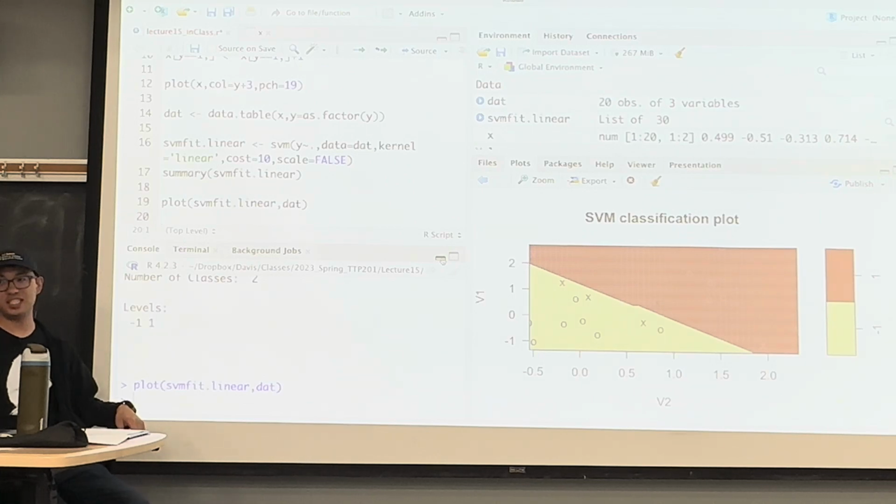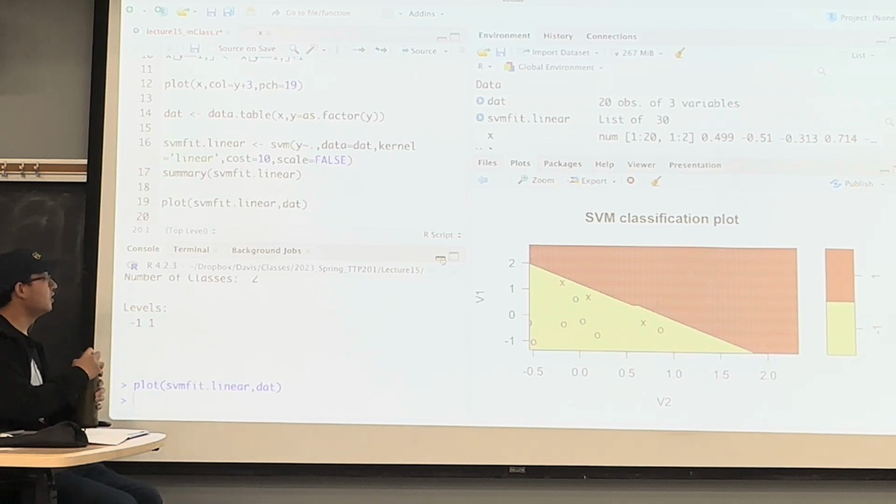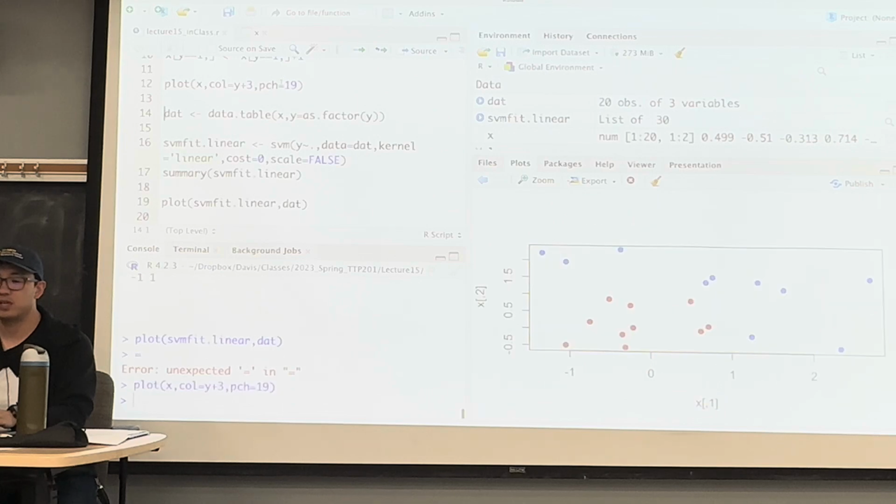Any other questions? Yeah. If we set the cost at 0, then we'll just throw an error. Let's see what happens. That's a good question. So cost 0, are we actually able to draw a line through here that would have no violations? Well, let's find out.